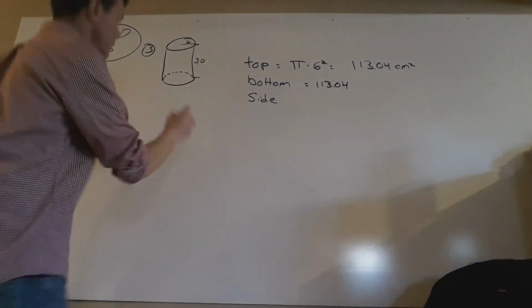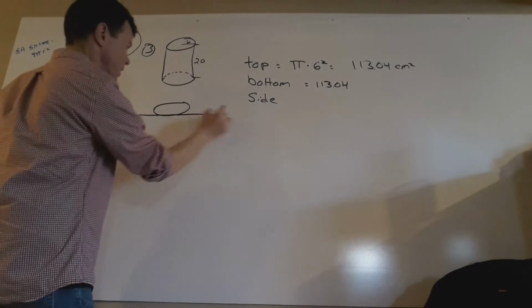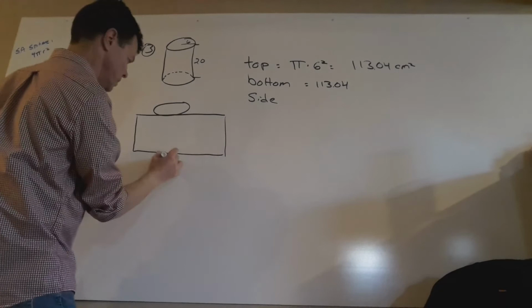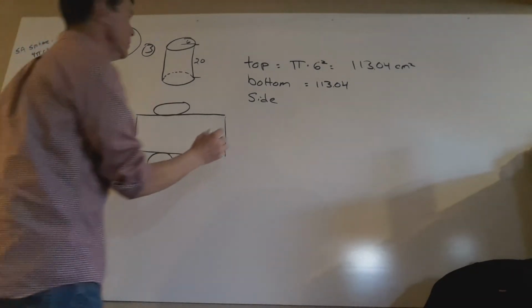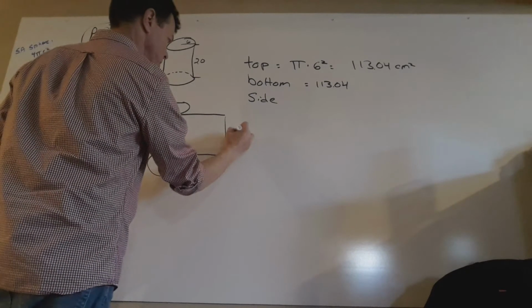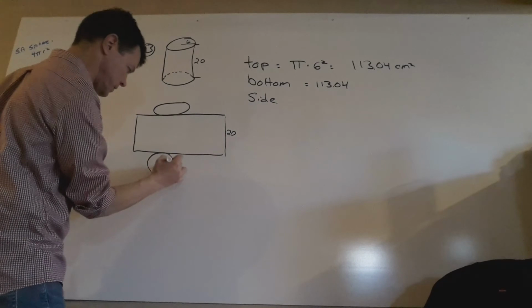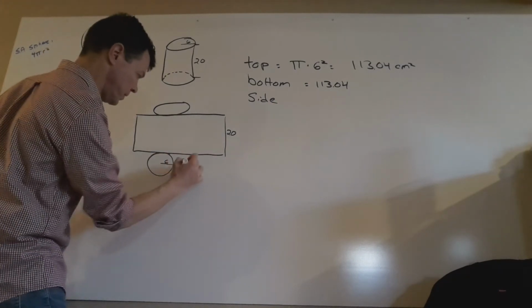Now again, here's our can. I'm going to open it up, and we've got our parts. This is the side, and there's the top and the bottom. This dimension is 20. The radius is 6 and the diameter equals 12.